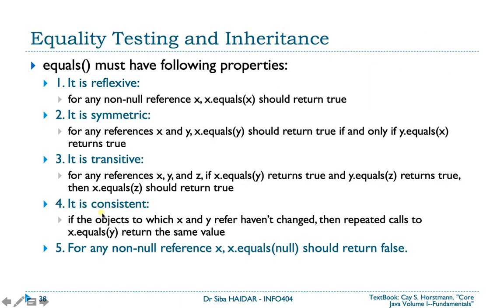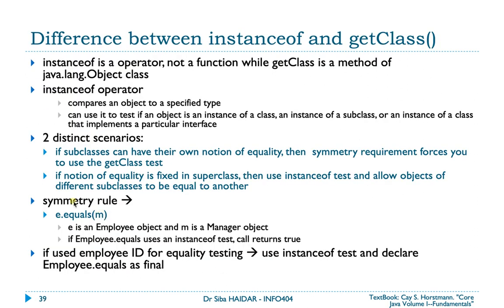then you are letting, for the symmetry rule, even if they return true or if they return false, if they return something and don't make an exception, that means you must permit the symmetry call, m.equals(e), to return the same thing and not to generate an exception. So this means you have to compare them using the instanceof operator and not the getClass operator, because if you compare using getClass, you will not be adherent to the symmetry rule.